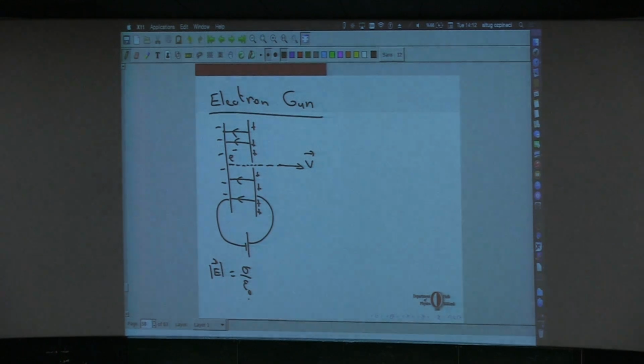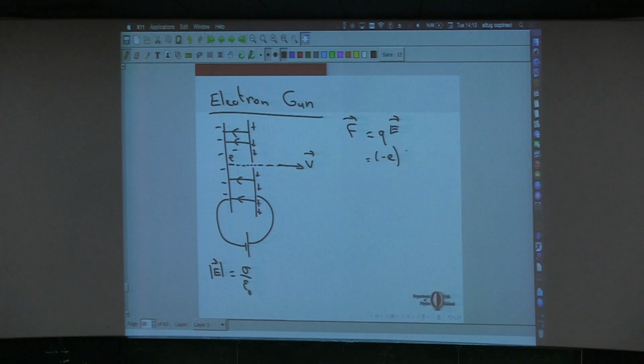So what is the force that the electron feels? Remember, the force of a charge in an electric field is nothing but Q times the electric field. So for an electron, this is minus e.